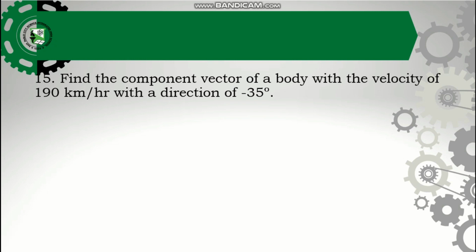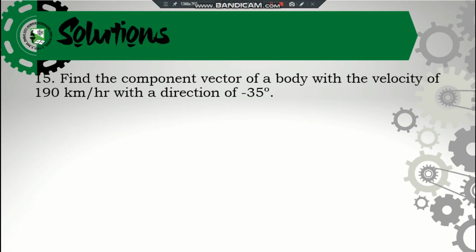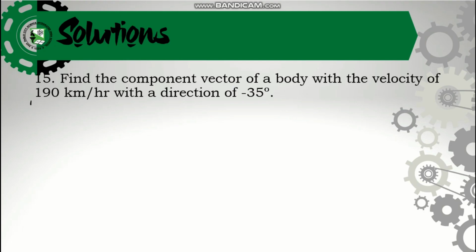Okay, number 15, we have find the component vector of a body with a velocity of 190 km per hour with a direction of negative 35 degrees. Okay, so we're going to graph the diagram first, and as you can see po, the direction is negative 35 degrees.